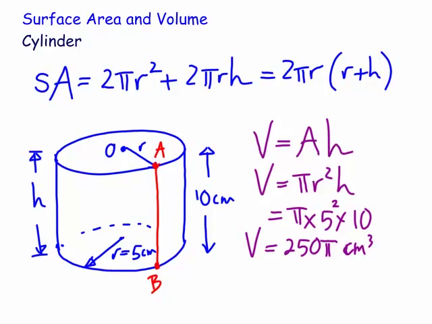Let's work it out to decimal places: 250 times pi is about 785.4 centimeters cubed.